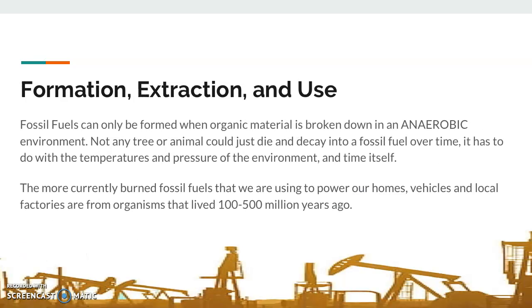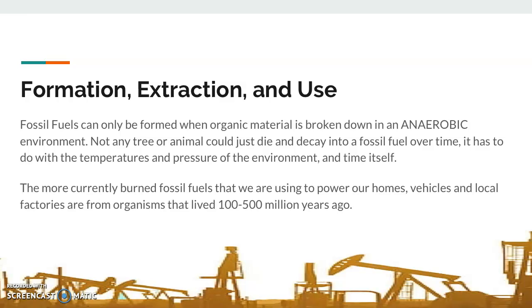The formation, extraction, and use of fossil fuels. So how is it really forming, how are we getting it, and what are we using it for? Fossil fuels can be formed when organic material is broken down in an anaerobic environment.